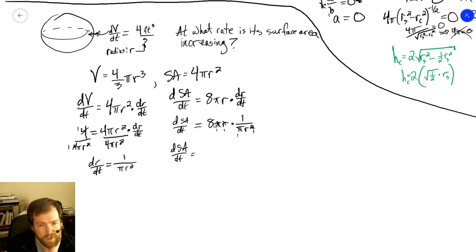And this makes 8 divided by r. So the surface area will increase per unit time as 8 divided by whatever the radius is at that moment. And this is going to be in square feet per second.